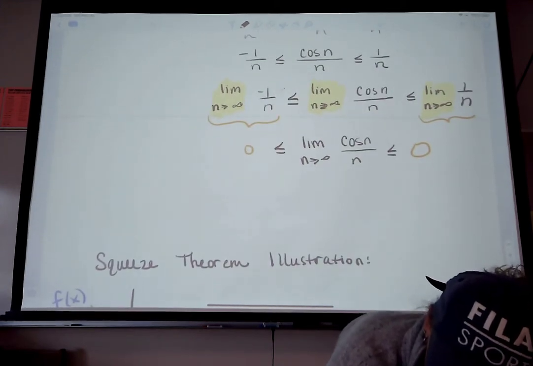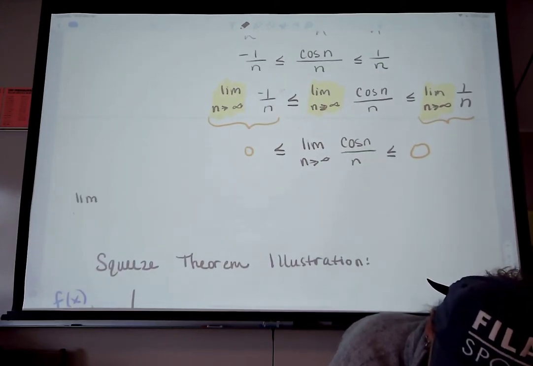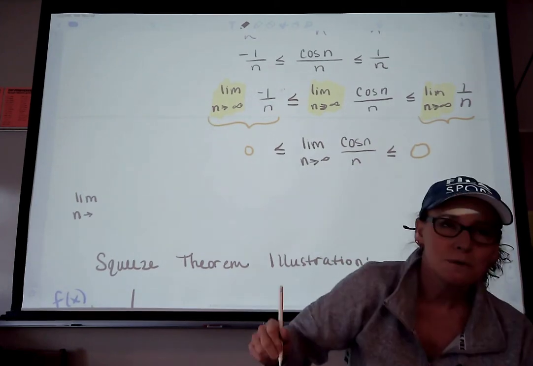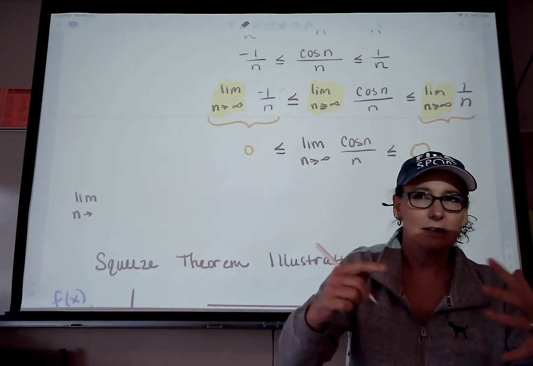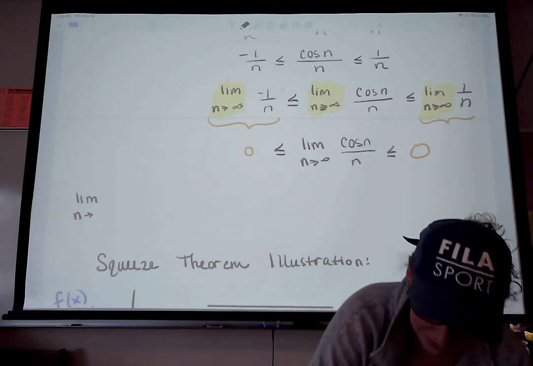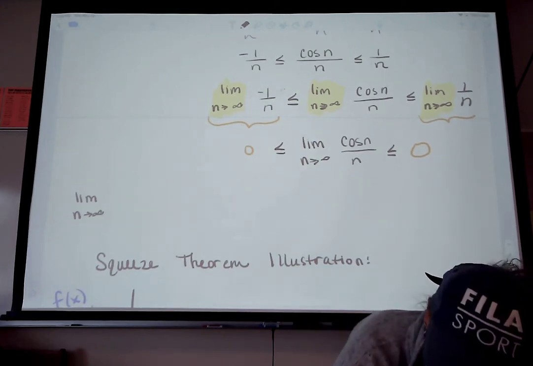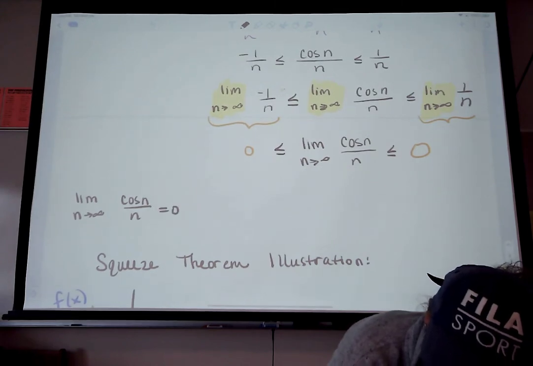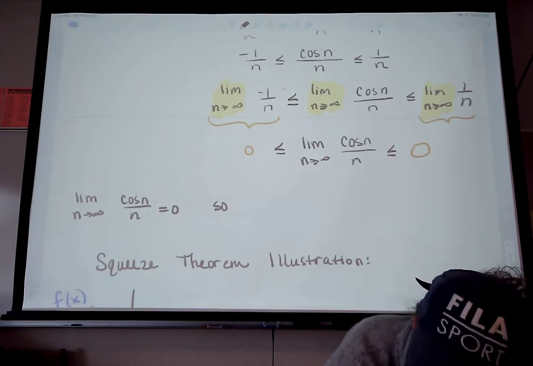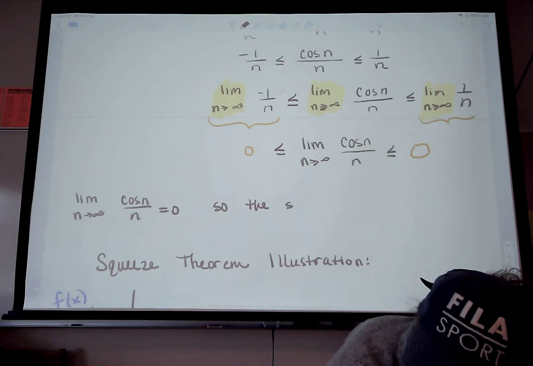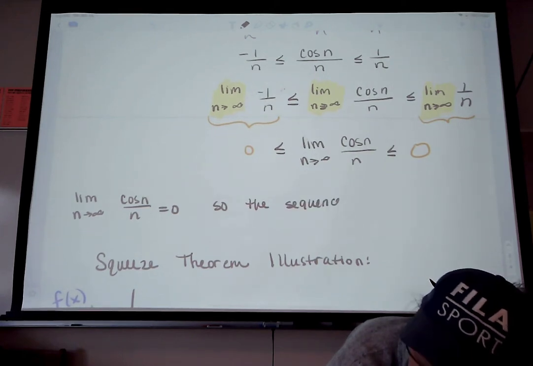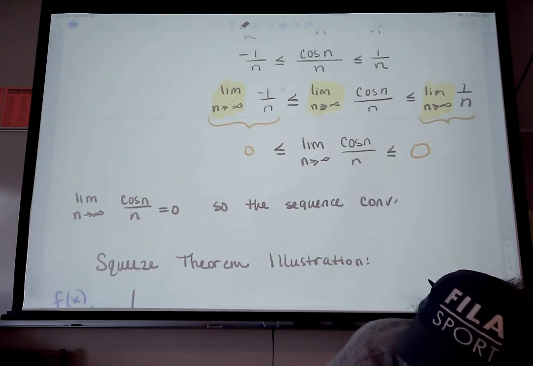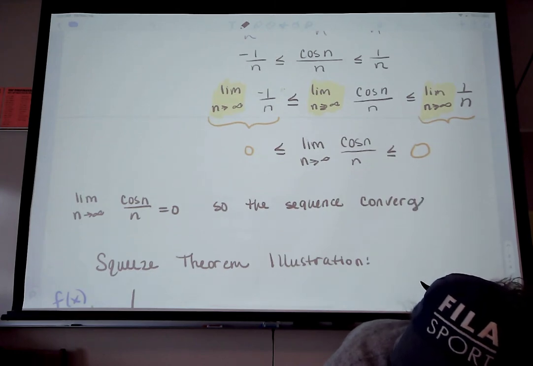So I can say the limit, it's kind of like I'm summarizing, writing my answer. The limit as n approaches infinity of cosine of n over n equals 0, so the sequence converges.